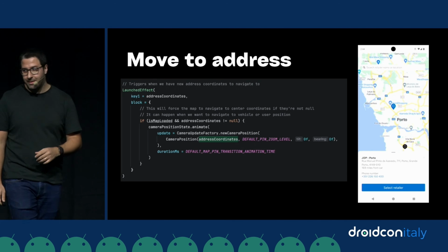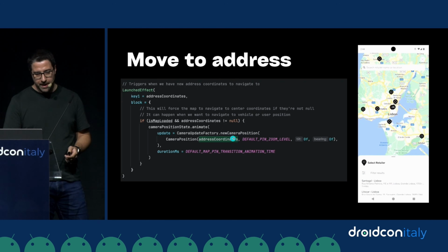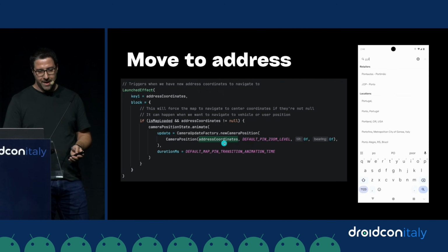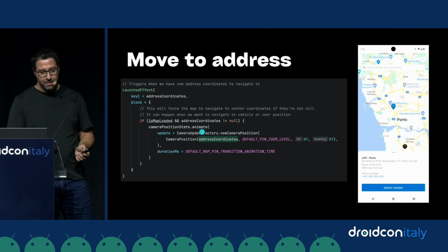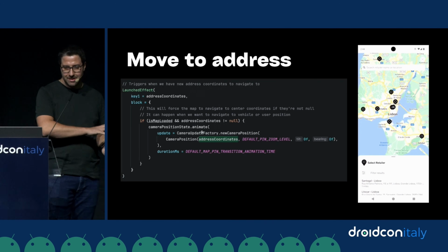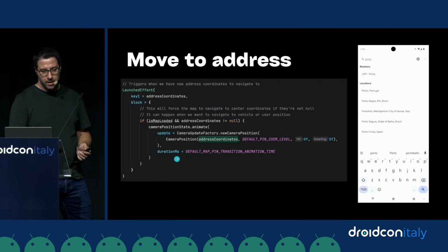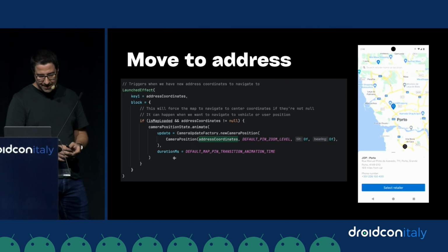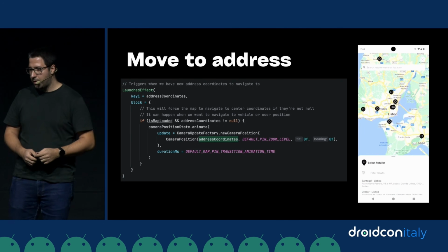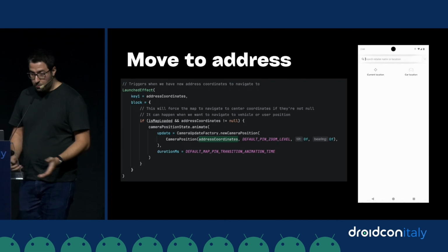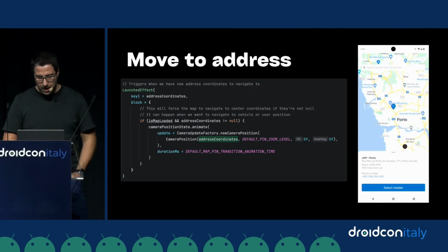After we get that lat long, we just need to call the camera update factory with the new camera position, pass it the new center coordinates for your map, and if you use animate instead of move, it will do this slide animation with a default duration that you can set up within this parameter, duration milliseconds, and it will move from the point that it was until your new center. Pretty amazing. Just with a few lines of code you can customize your animations.